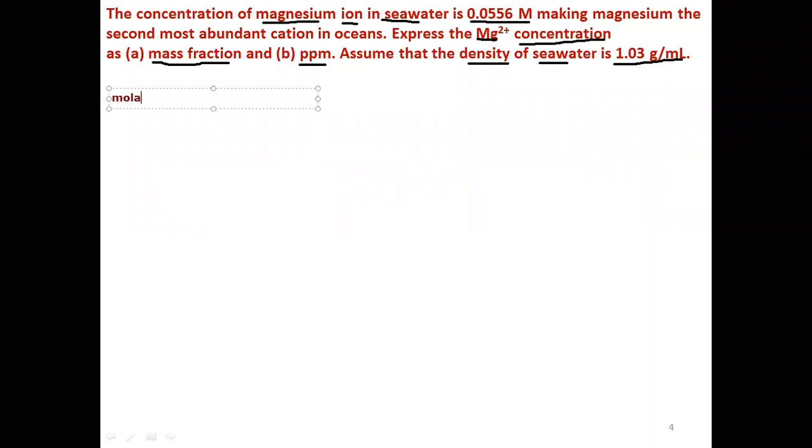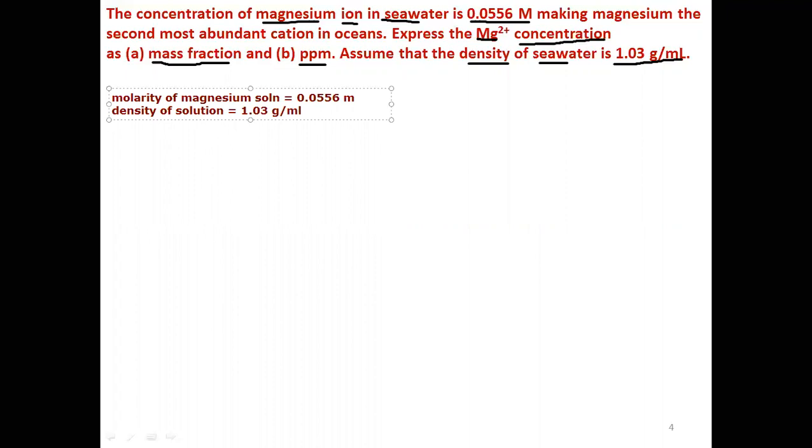So first let us write what is given to us. Molarity of magnesium solution is equal to 0.0556 molar. The second thing given to us is the density of the solution, which is equal to 1.03 gram per ml.